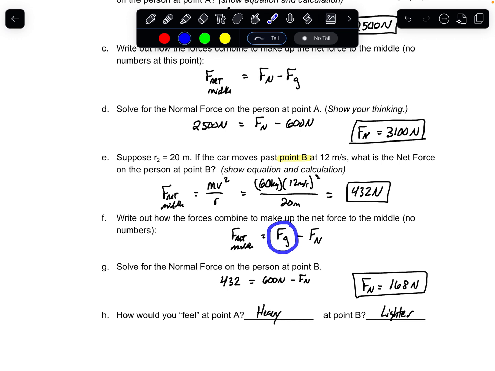This one's bigger because it has to be directed downwards, and I can subtract the normal force, and it should equal a normal force of 168. So I'm taking bigger minus smaller is equal to my net middle force. In this case, I will feel much lighter because my normal force is smaller than the 600, which is my weight.